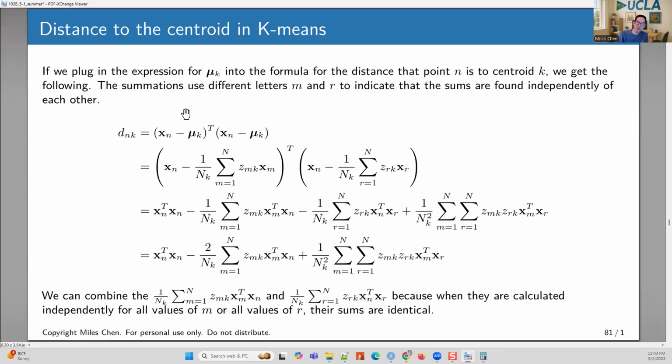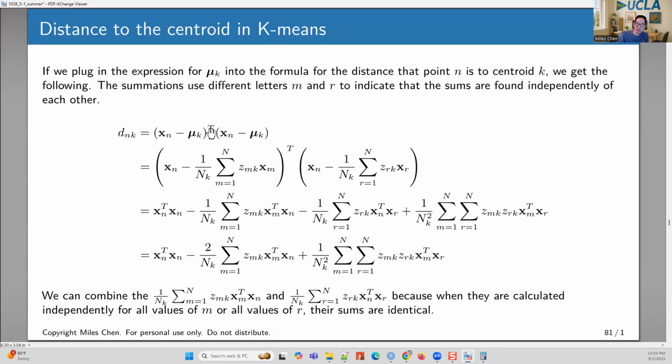So before, to calculate the distance from a point to the centroid, you need to know the point, you need to know the location of the centroid, and you say, how different is my point from the centroid? Okay. But when we expand this out, we don't have a definition of the centroid anymore. We just have all of these cross products.